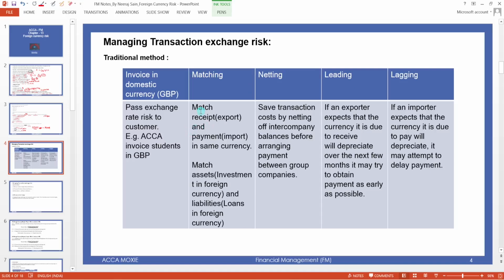First is the very widely used method, and ACCA also uses it. It is very simple: just invoice in your domestic currency. ACCA is a UK body, so they invoice students in GBP, so they don't have to worry about the exchange rate. Their revenue is always the same.